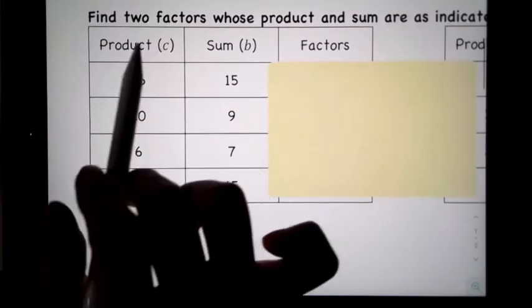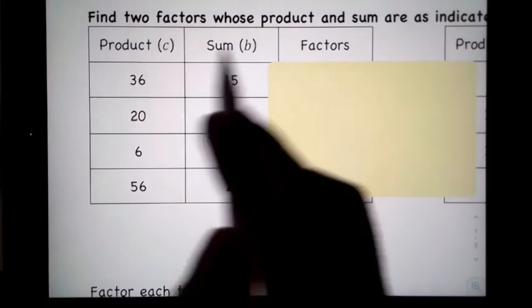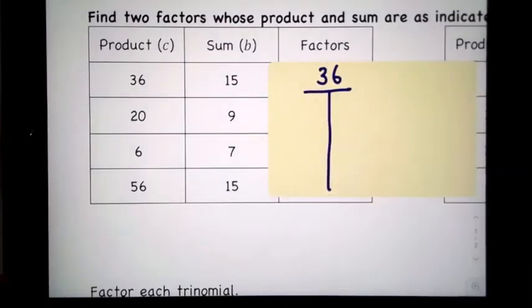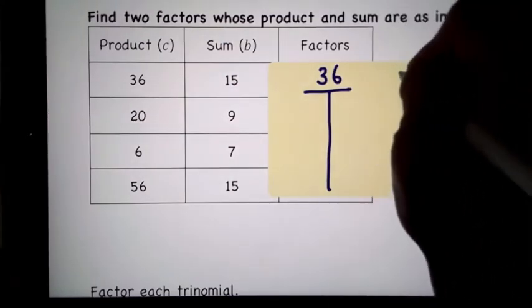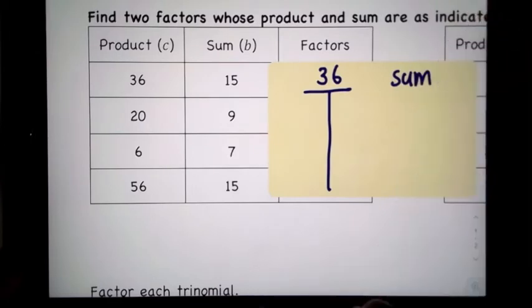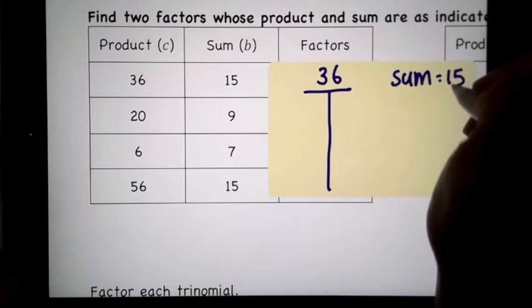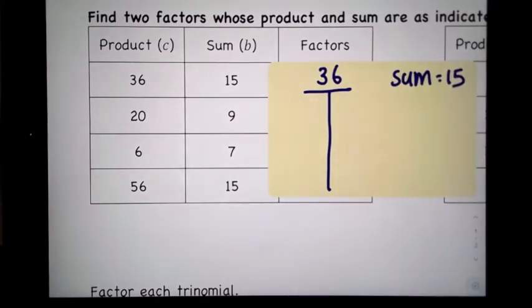The product is your c, so my c is 36. Then we do the factor table, because my product is 36, and we want to find the sum, right? The sum is 15. So I'm going to find two numbers that make 15.